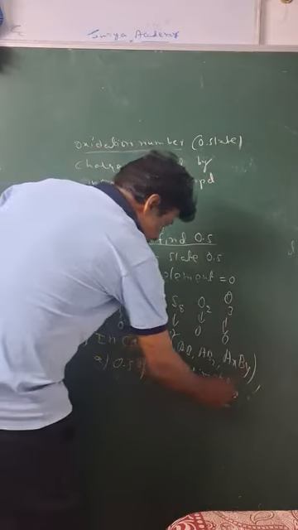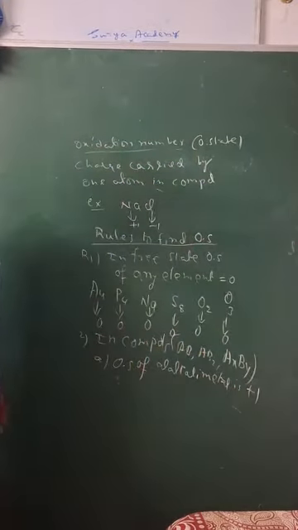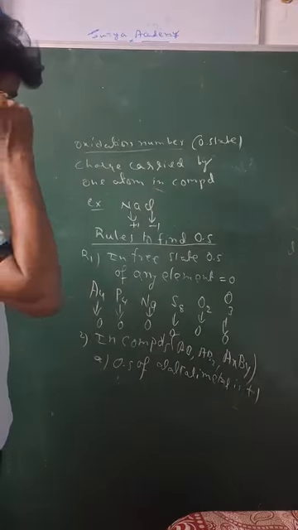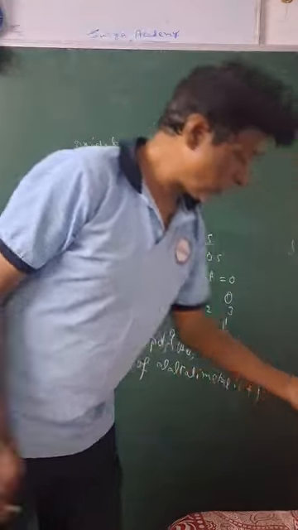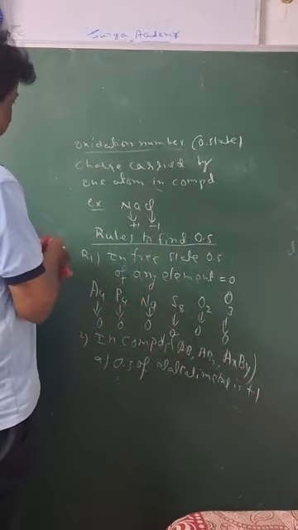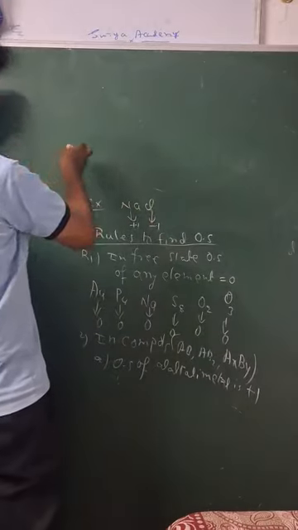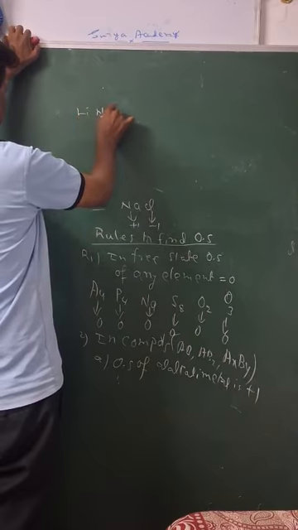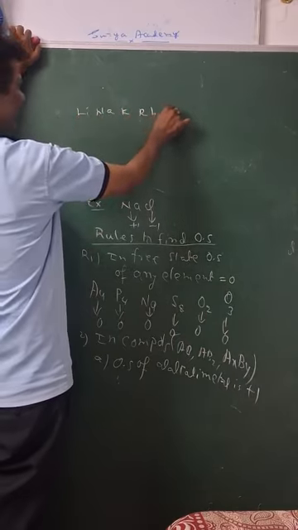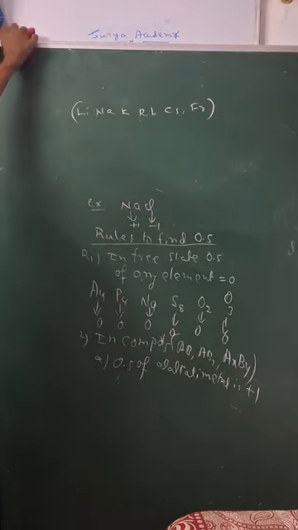What are alkali metals? Lithium, sodium, potassium, rubidium, cesium and francium.